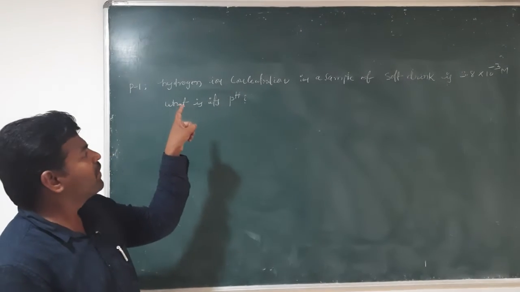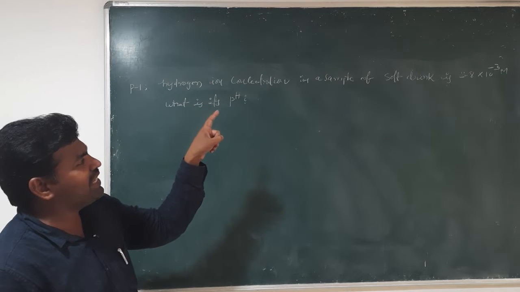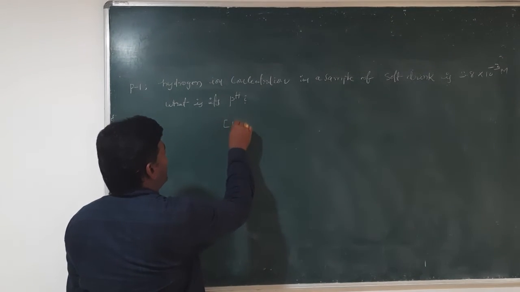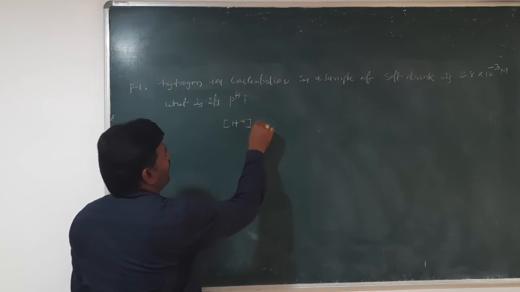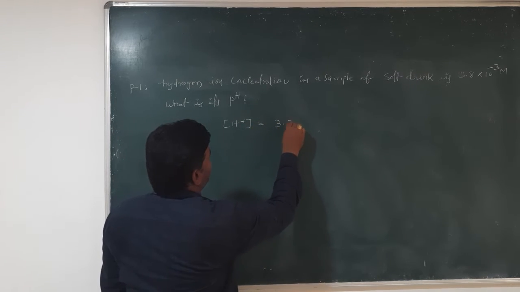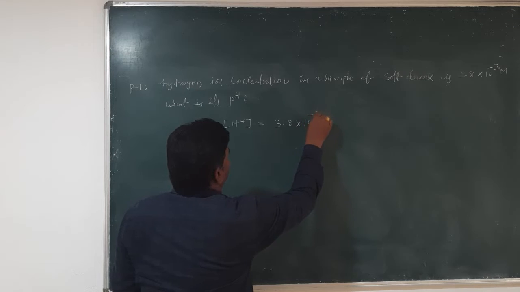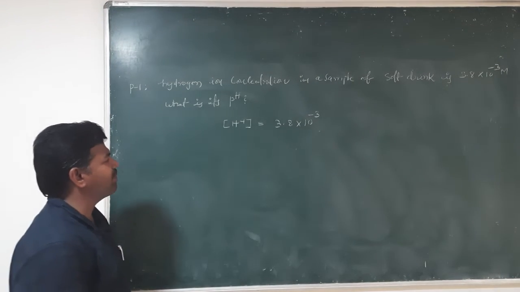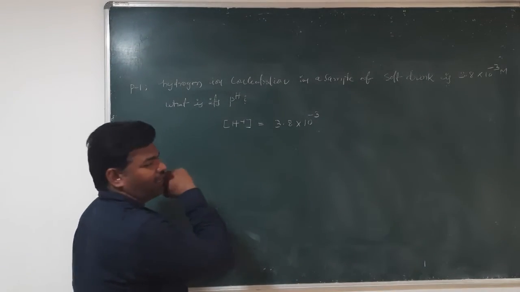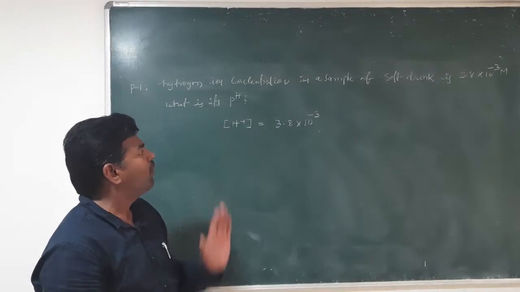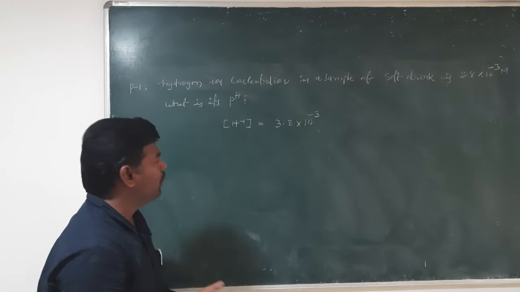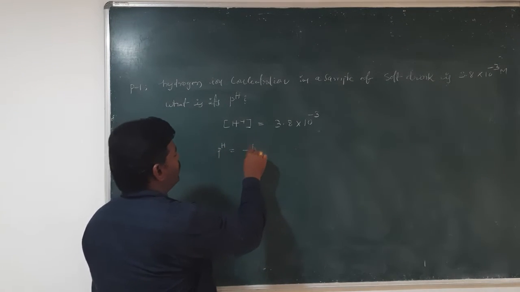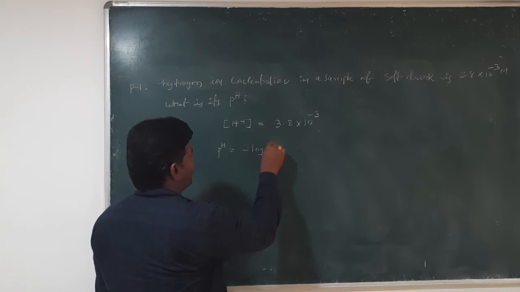They given that the concentration of H plus ion is 3.8 into 10 power minus 3, and they asked to find out the pH of that solution. We know the pH is negative logarithm to the base 10 of concentration of H plus ions.